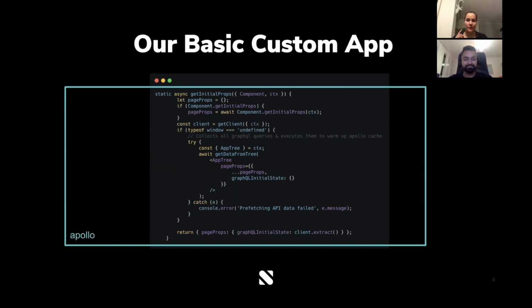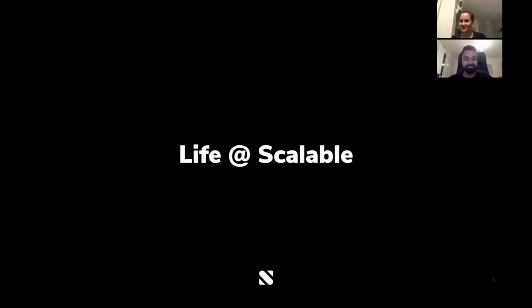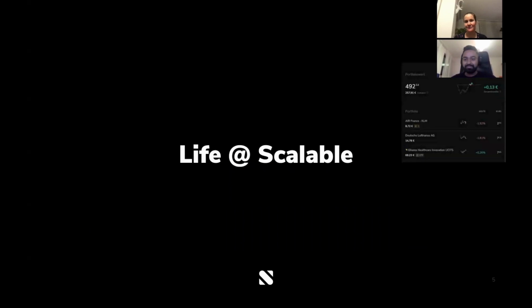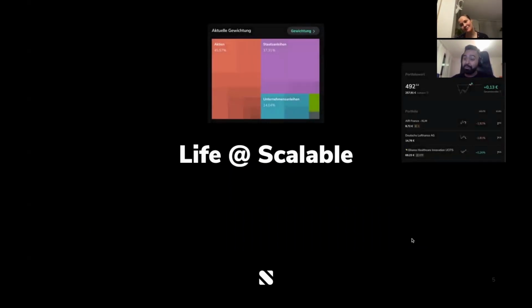Well, we were really, really proud of ourselves to do that once. Once, we did that multiple times. So let me show you a life of a front-end developer at Scalable. We have multiple apps, Broker Cockpit, Wealth Cockpit, onboarding for that.